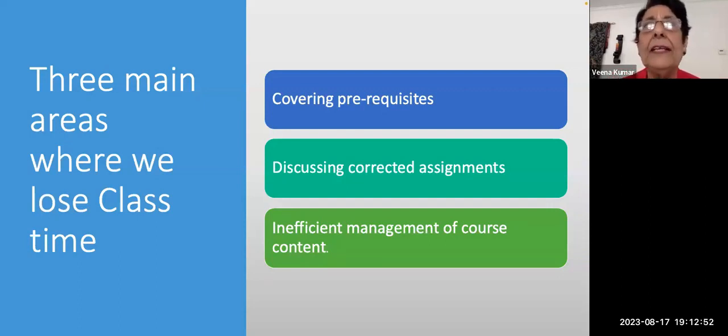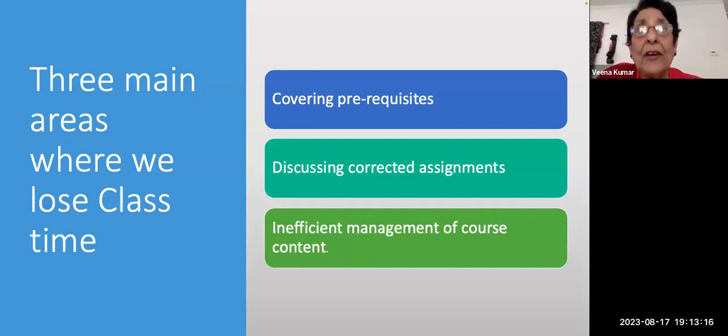So we think it is our responsibility to go over the prerequisites again and again. And the other area where we lose a lot of time is also discussing corrected assignments. We have to find alternate ways of doing these things. All these things are very important. I'm not suggesting don't do them, but maybe don't do it in class all the time.